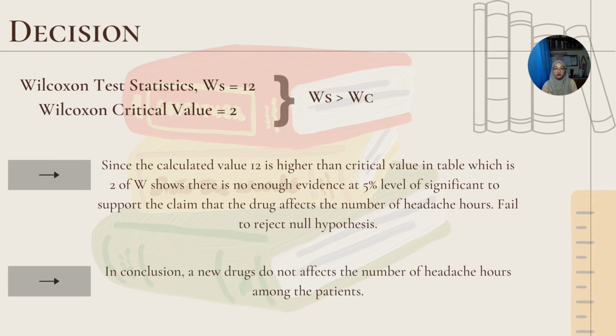For the decision part, we have the Wilcoxon test statistic, which is 12, that we calculated in the previous part. For the Wilcoxon critical value, we have 2 from the table.